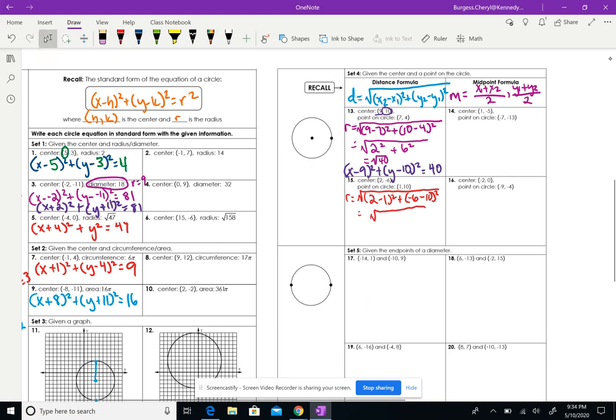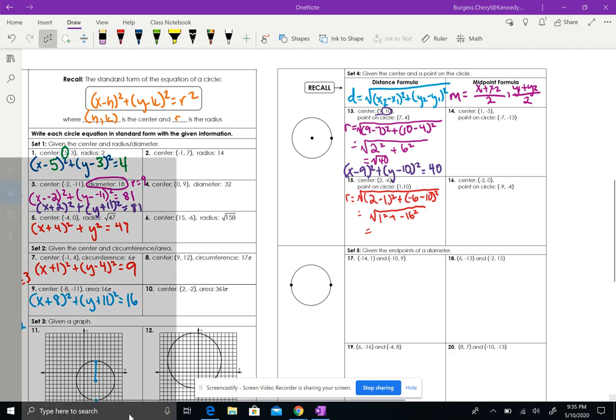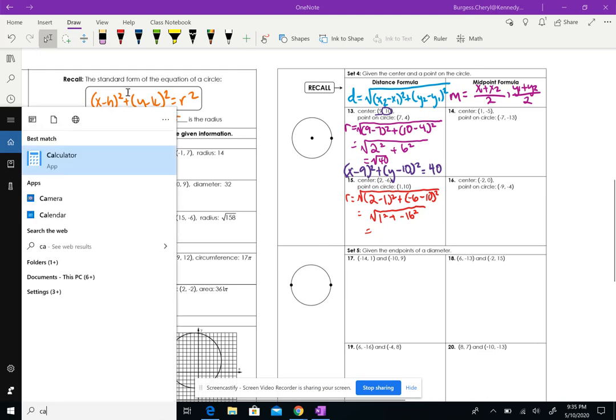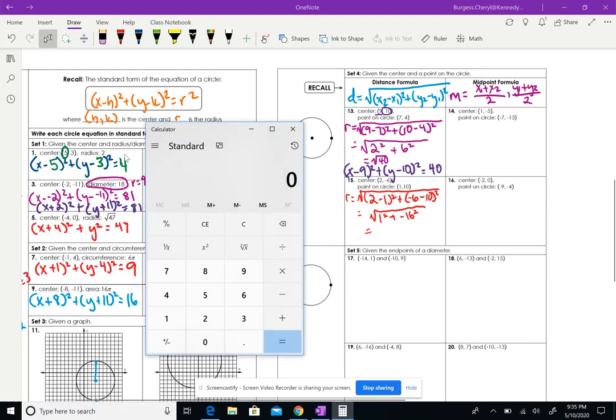Square root of 1 squared plus negative 16 squared. That's 1 plus 16 squared is 256.